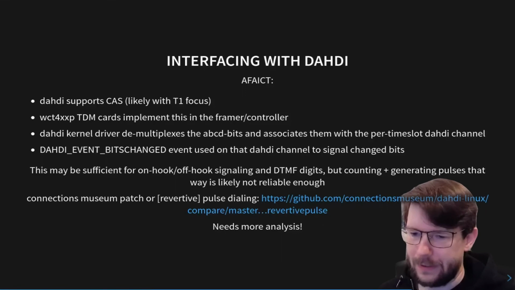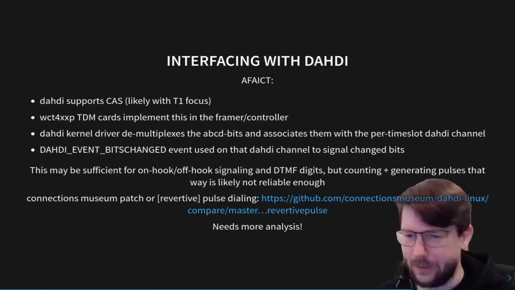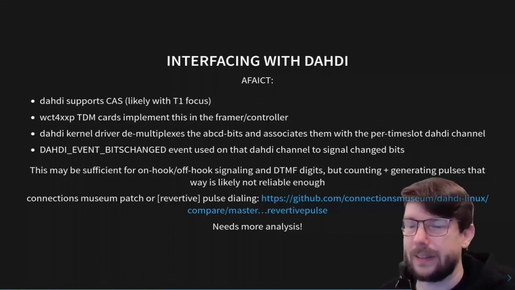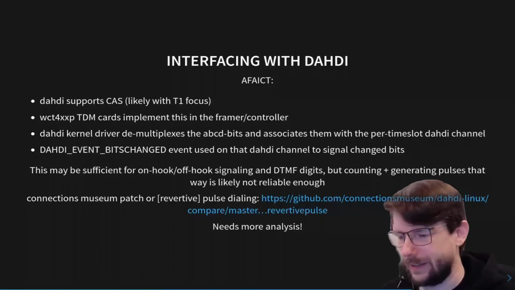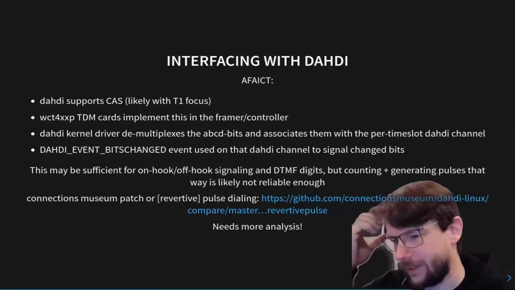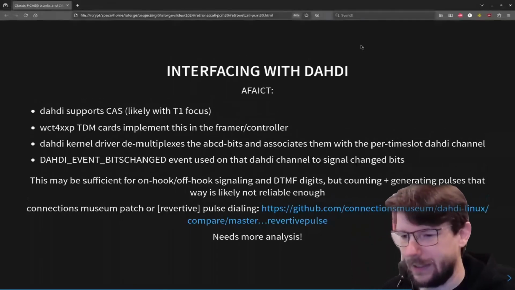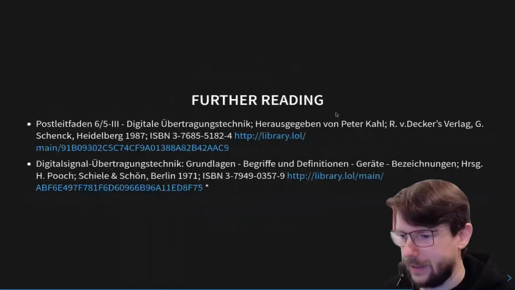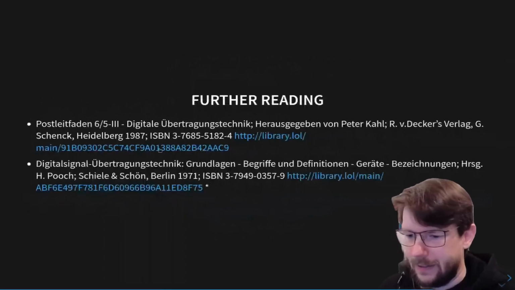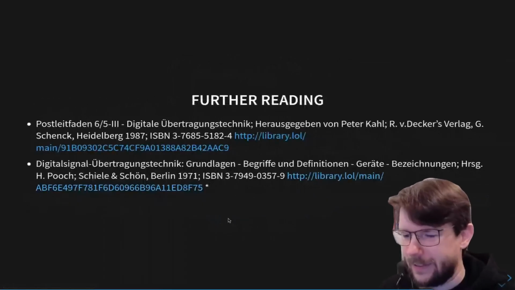Because so far the DAHDI driver for IS1 USB has only been tested with basically SS7 and ISDN and frame relay, so always with CCS and never with CAS. So I'm quite sure it doesn't support this in the kernel driver, and that needs to be added for that use case.